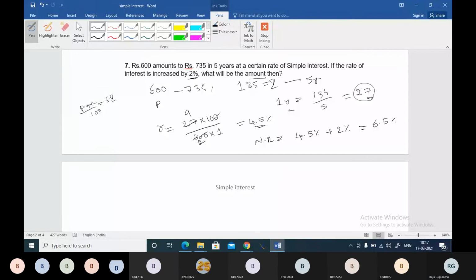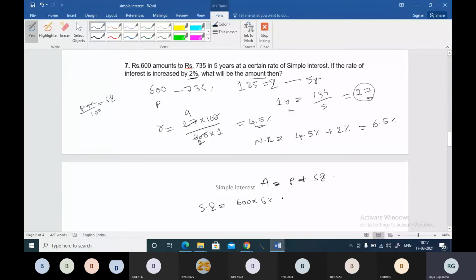Again, the amount will be your principal plus simple interest. Now let me find the simple interest of 600 at 6.5 percentage. 6.5 percentage I can take as 6 percentage plus 600 into 0.5 percentage.